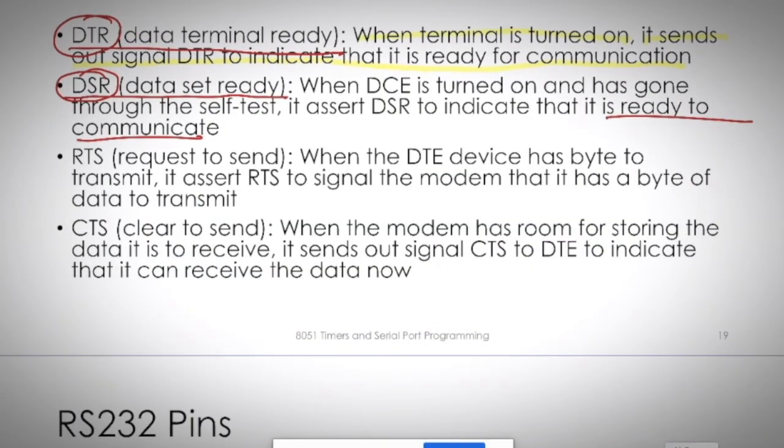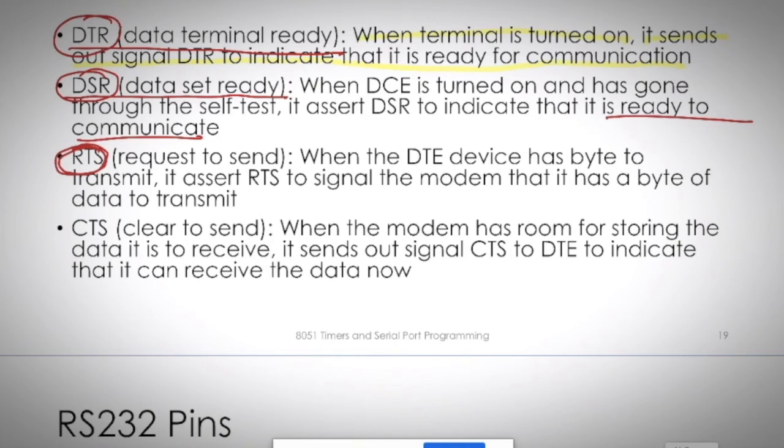Then the next step is request to send. Once the computer is ready to send, the data may not be available at that point of time. Whenever the computer has a particular byte which is about to be transmitted, that time RTS, request to send, will be enabled.